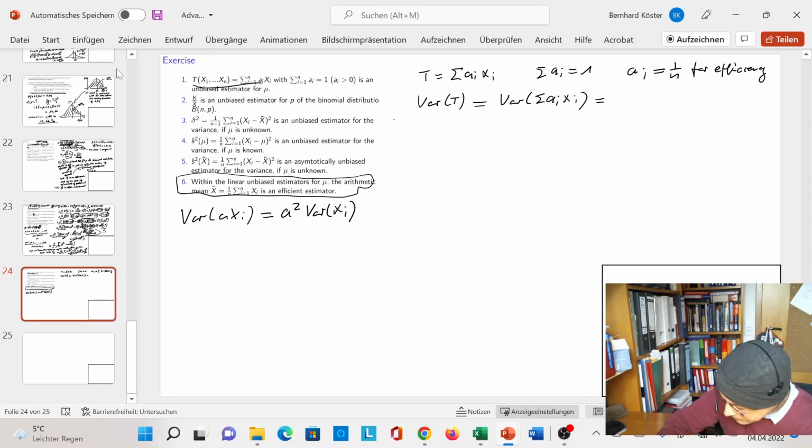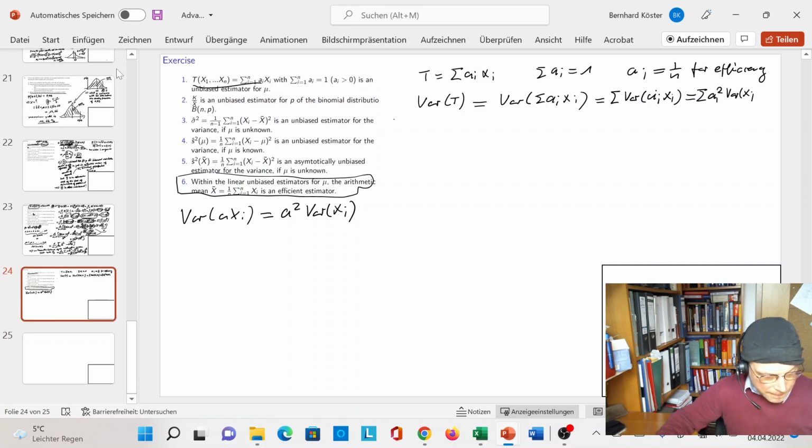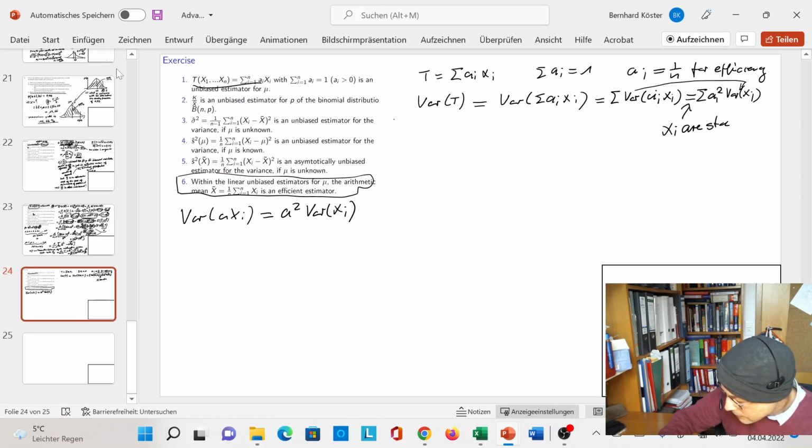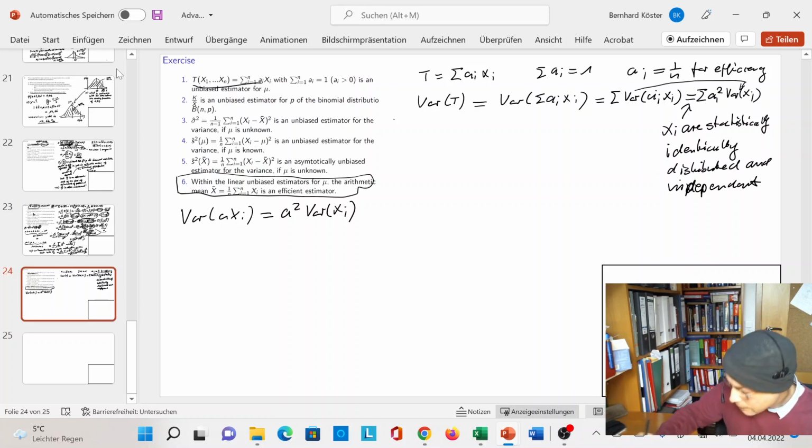So we obtain the sum over the variance of a_i x_i equals the sum over a_i squared variance of x_i, and that we can move the variance operator inside is because all x_i are statistically identically distributed and independent from each other.